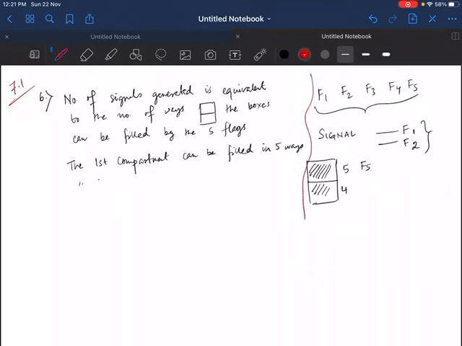Therefore the total number of signals will be equal to the total number of ways, which is 5 into 4, that is 20 signals. So we can generate 20 signals by using those 5 flags, 2 at a time.